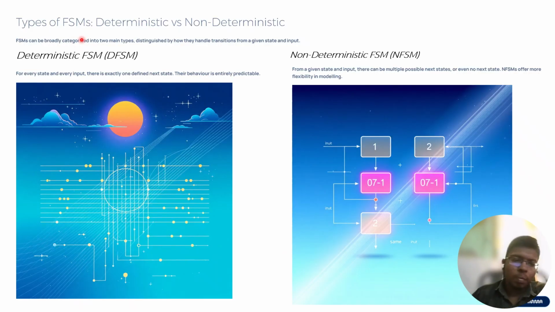Next, types of FSMs, types of finite state machines: deterministic versus non-deterministic. Here you can see FSMs can be broadly categorized into two main types, distinguished by how they handle transitions from a given state and input.